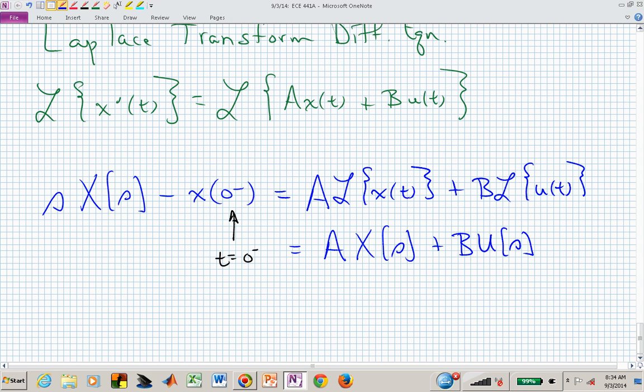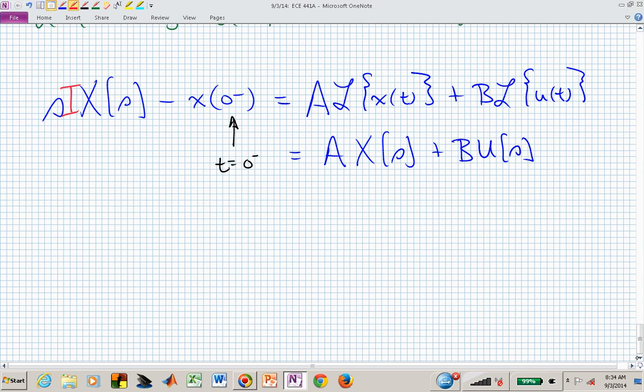So what we want to do is actually introduce a placeholder, which is an identity, so that now we can have I being the same size as A. I is an n by n matrix, the identity matrix, and capital X of s is a vector of size n by 1.